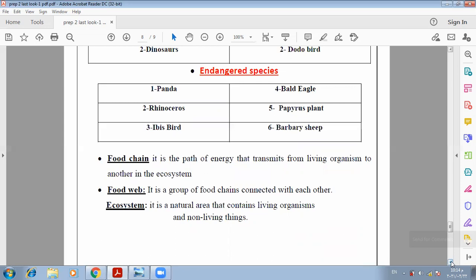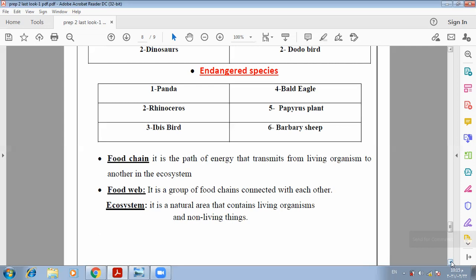For example, a plant, a rabbit feeds on it. Who would feed on the rabbit? Let's guess, for example, a snake. Okay, snake. Who could feed on the snake? Owl. Okay. Who could feed on the owl? Lion.